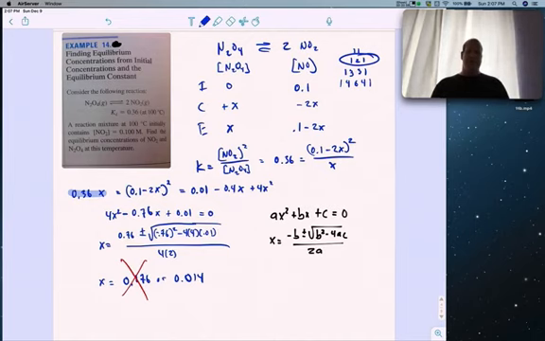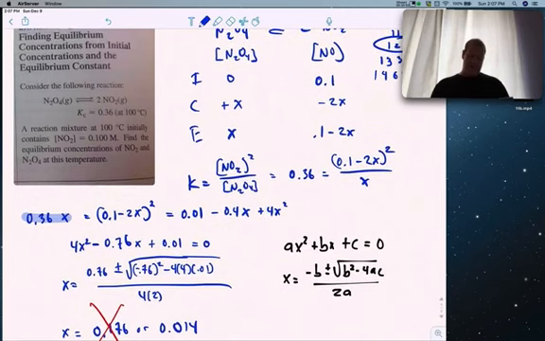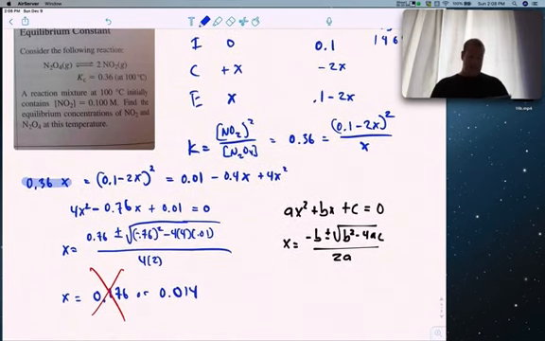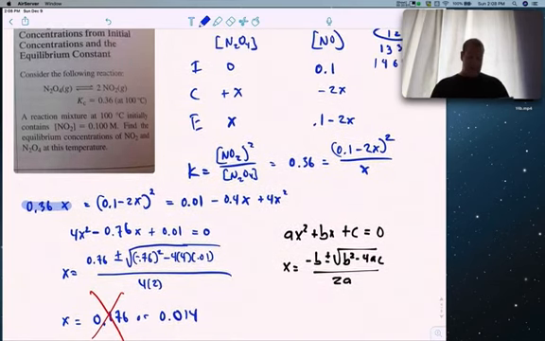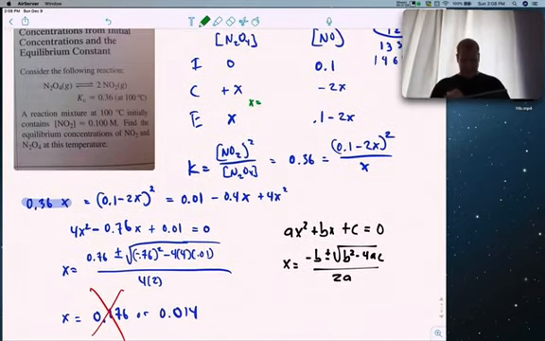That's all it is. The fundamental theorem of algebra is the reason why I get two answers, but we have to apply it. So now find the equilibrium concentrations. So let's put our x equals, what is our x equal? 0.14.